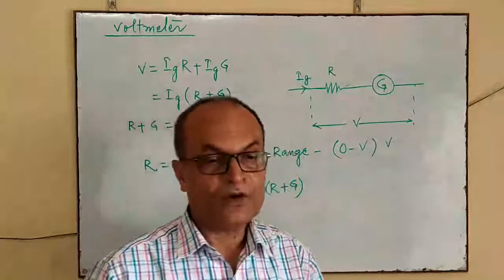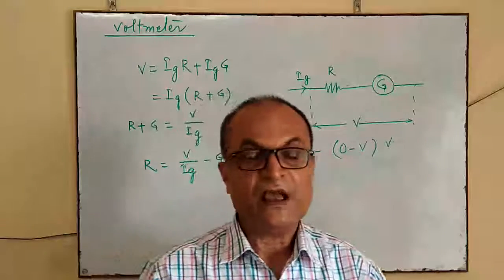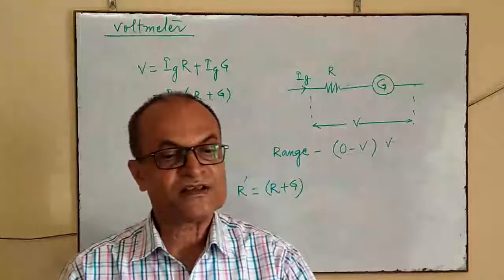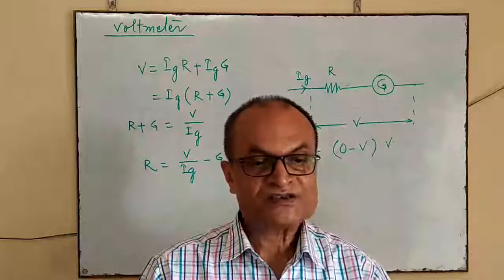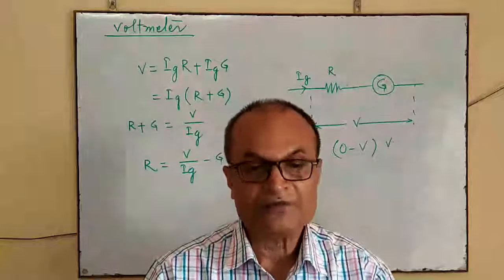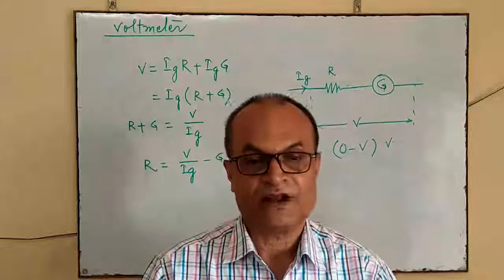So a voltmeter is a high resistance device, and theoretically we can say that the resistance of an ideal voltmeter is infinite. Thank you.